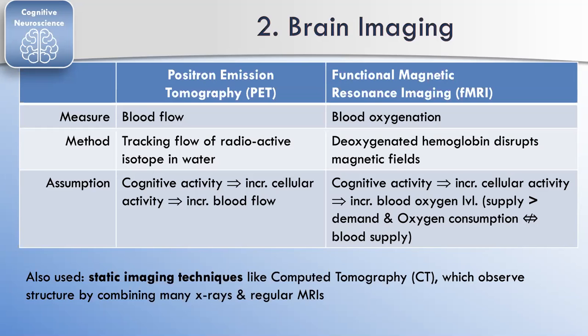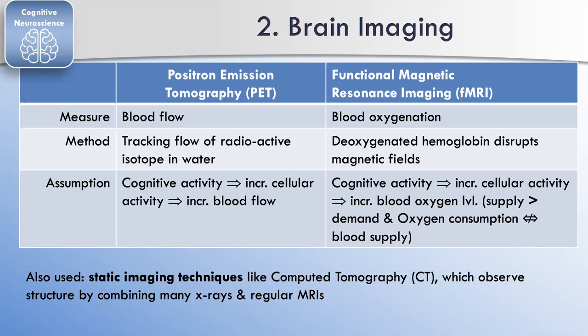So PET scans and functional MRI scans use quite a bit of math and particular techniques using radioactivity and magnetic fields, X-rays to be able to detect certain processes going on in the brain.